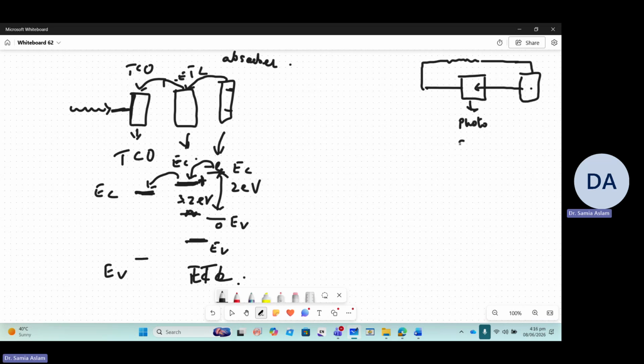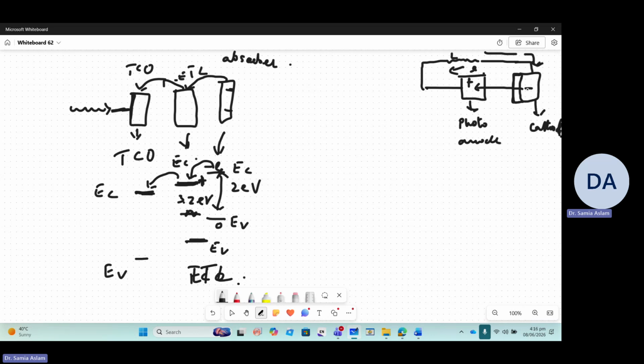That was our photoanode and that was our cathode. Okay. And this HTL layer will support the holes to travel toward the cathode. It is negatively charged and this is kind of positively charged. So electrons will first move out toward the left side, go into the external circuit, and then come back to the cathode.